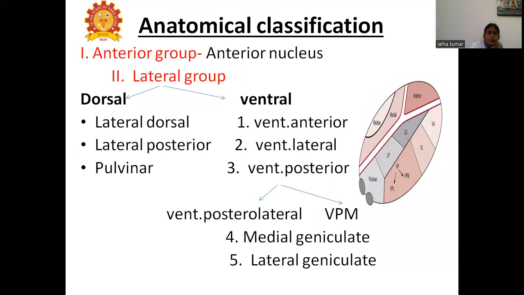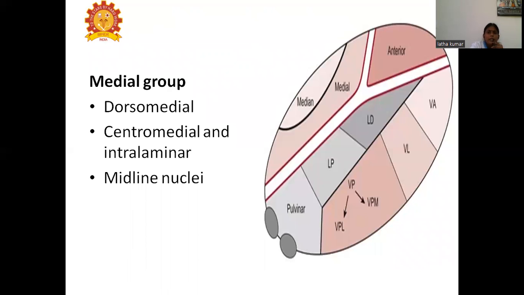The dorsal part includes the lateral dorsal, lateral posterior, and pulvinar nuclei. The ventral part has the ventral anterior, ventral lateral, ventral posterior, medial geniculate and lateral geniculate. The ventral posterior is again divided into ventral posterior lateral and ventral posterior medial nuclei. And the medial group has the dorsomedial, centromedial, and midline nuclei.